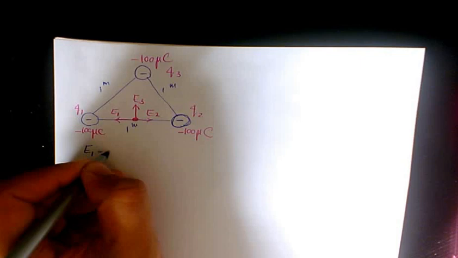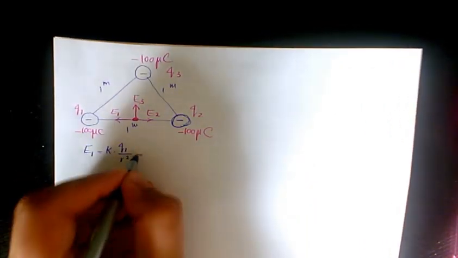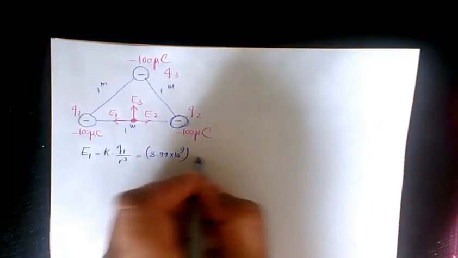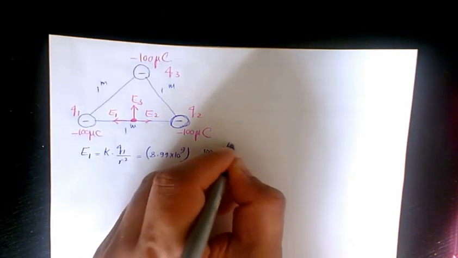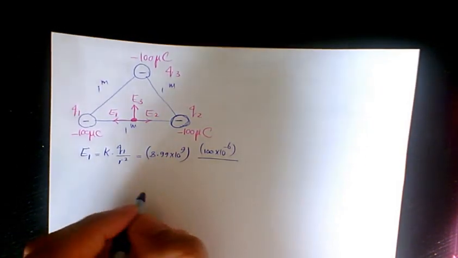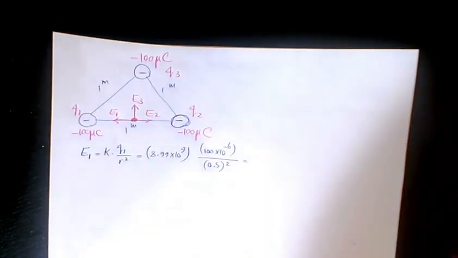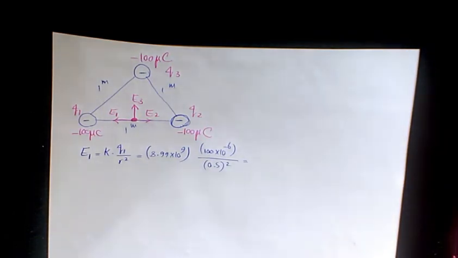E1 is kQ1 over r squared, which is 8.99 times 10 to the power of 9, times Q1, which is 100 times 10 to the power of negative 6, divided by r squared, which is 0.5 squared. So that will be 8.99 times 10^9 times 100 times 10^-6 divided by 0.25.